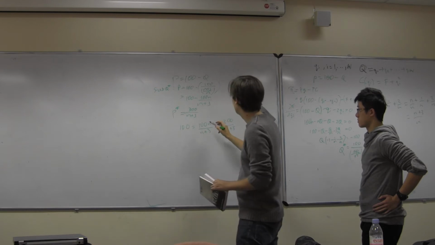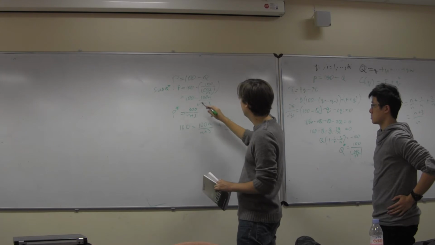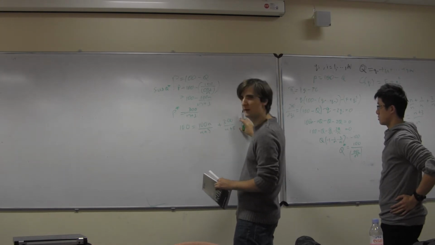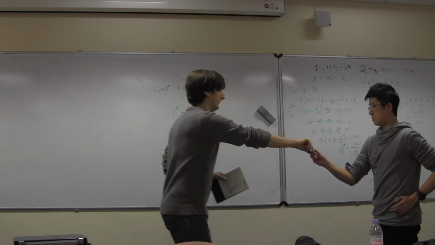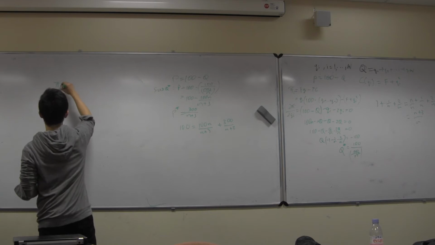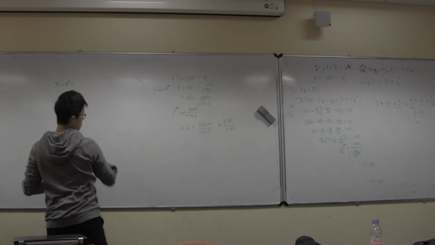So 100 is this thing, so minusing that one kills that one, and you're just left with 300 over n plus 3. Yeah, it's no computer.